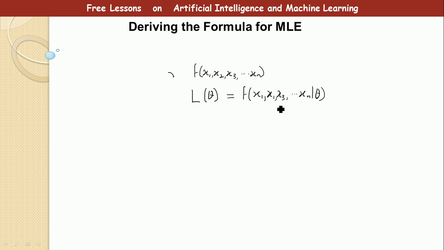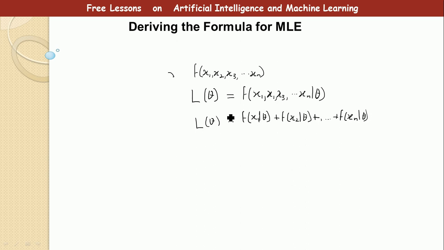We can now make this function a product or a sum of the univariate, so it will also give us the same thing. What it will mean is we can split this to be f of x1 given theta plus f of x2 given theta plus f of xn given theta.